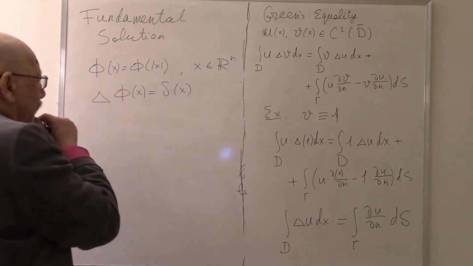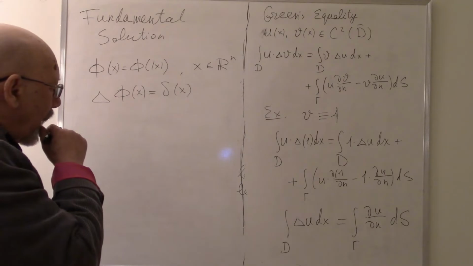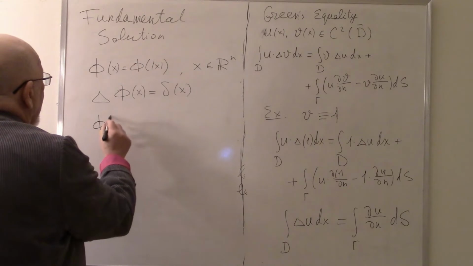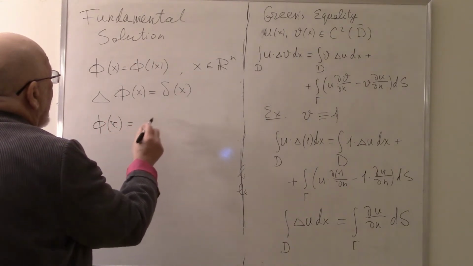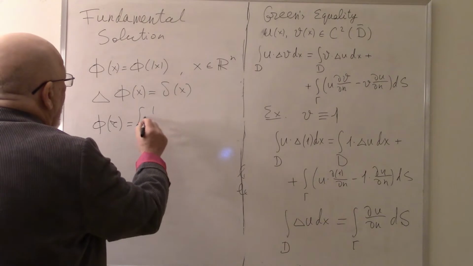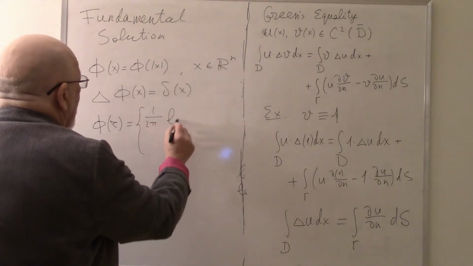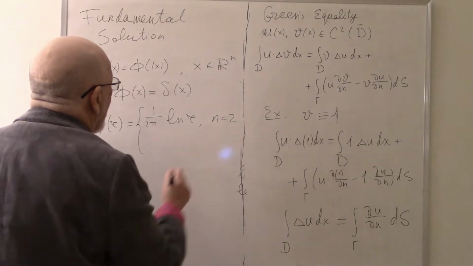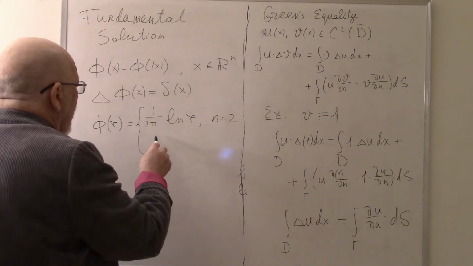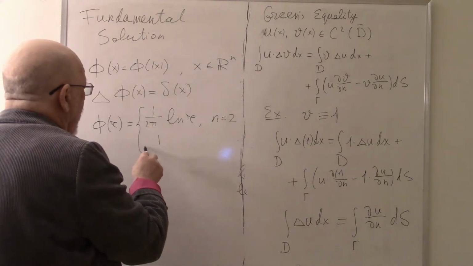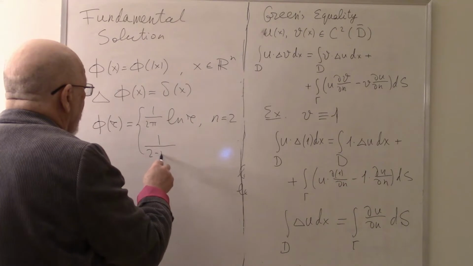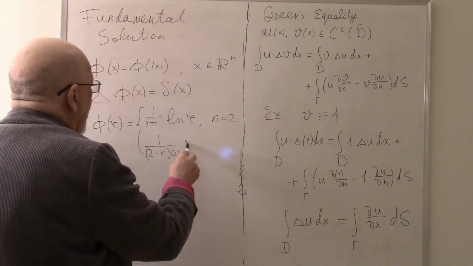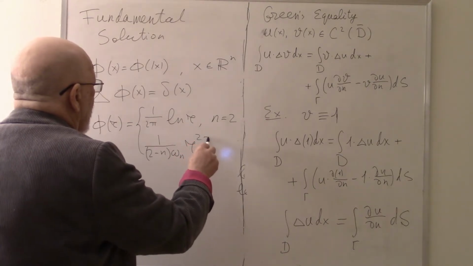And we have the formula for this. Phi of r equals 1 over 2 pi logarithm r if n equals 2. And otherwise, let me write in the following form, 1 over (2 minus n) omega n times r to the power 2 minus n.